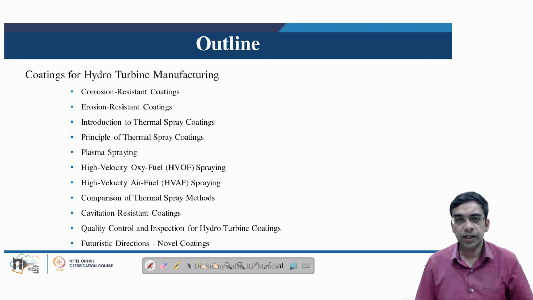So presence of these silt particles in the water, basically these particles are very hard particles, generally made up of silicon oxide or other hard abrasive particles. When these hard particles come in contact with the surfaces of the hydroturbine, they cause material removal by removing small amounts of material, and this process is known as erosion.